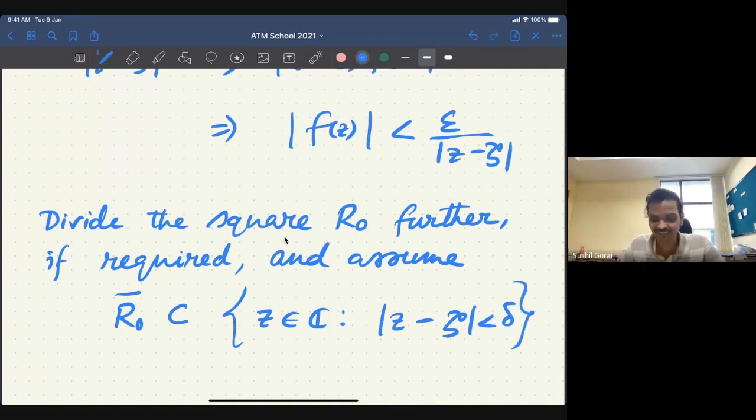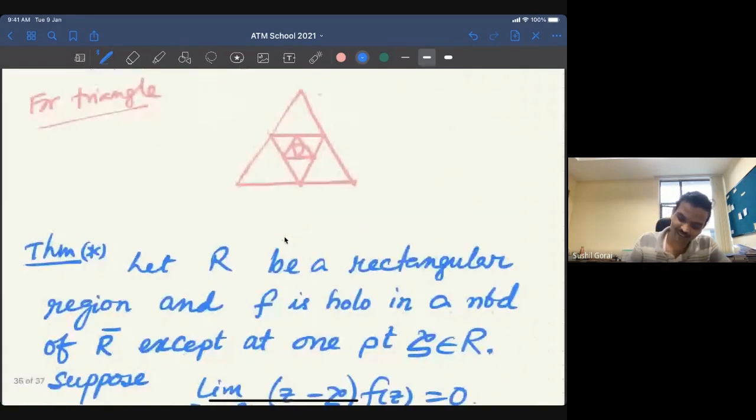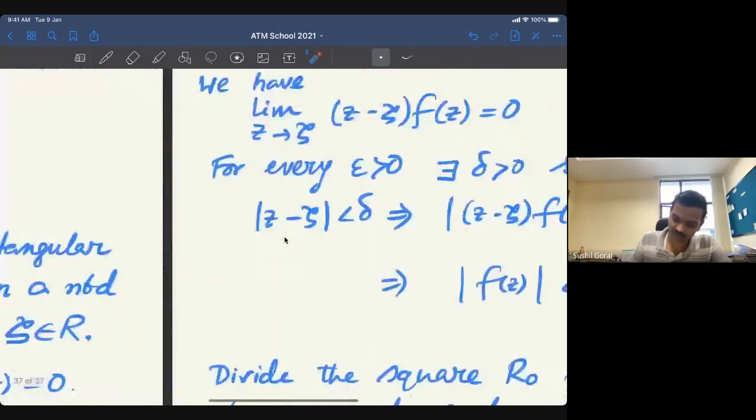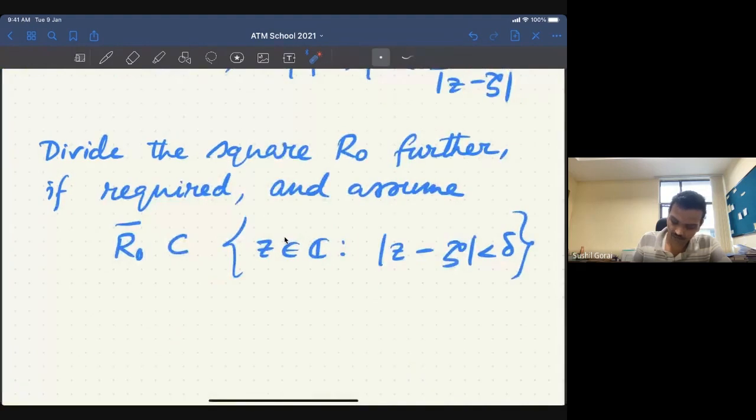Here we can divide further and further, keeping this zeta at the midpoint, and make it smaller and smaller so that this holds. All right.